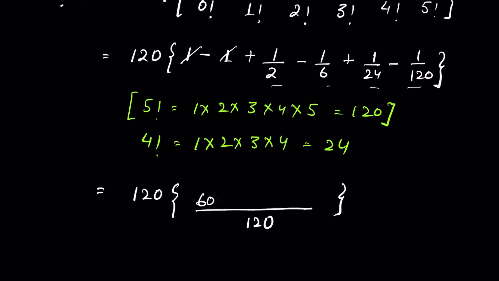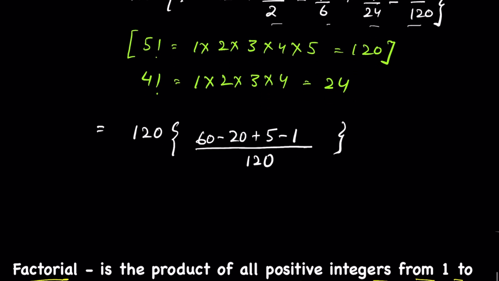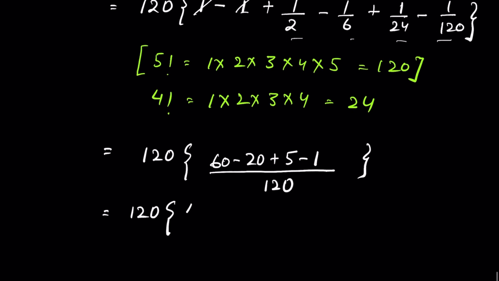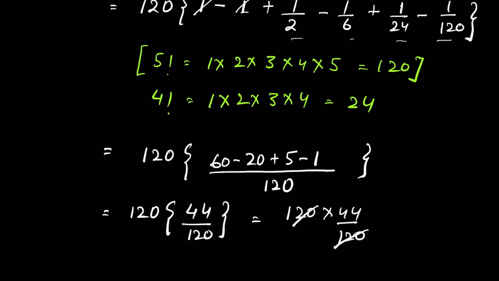So 60 minus 20 plus 5 minus 1, upon 120, times 120. 60 minus 20 is 40. 40 plus 5 is 45. 45 minus 1 is 44 upon 120, times 120 gives 44 upon 120. So we cancel this. So this is equal to 44. So 5 subfactorial is equal to 44.